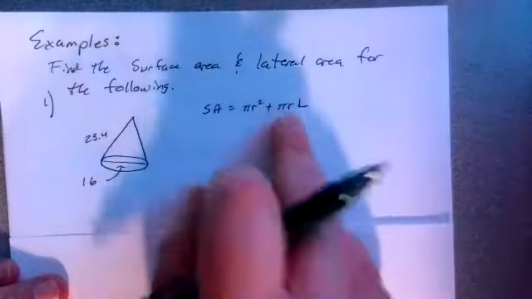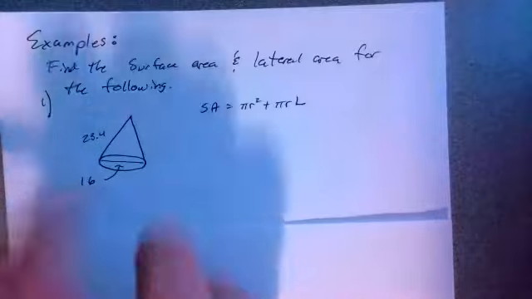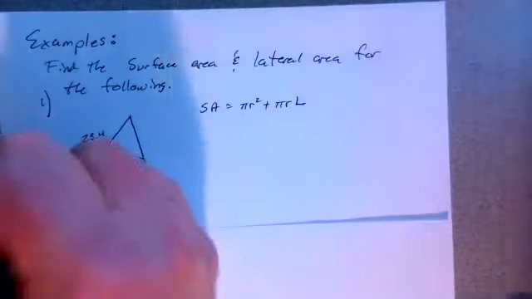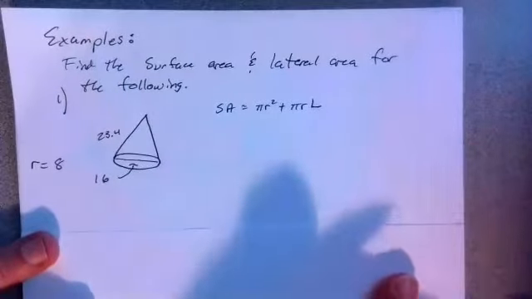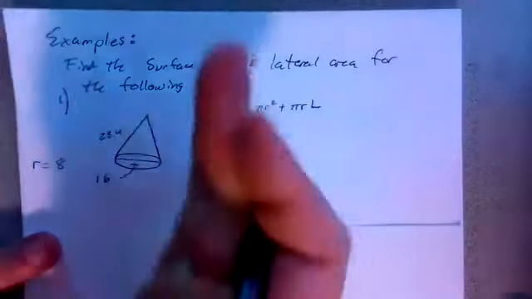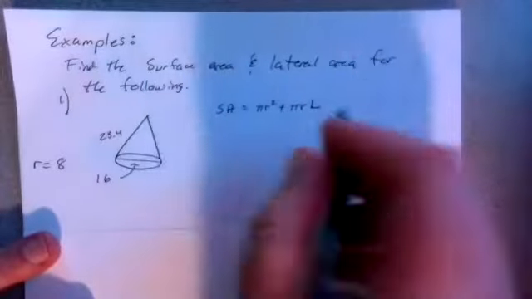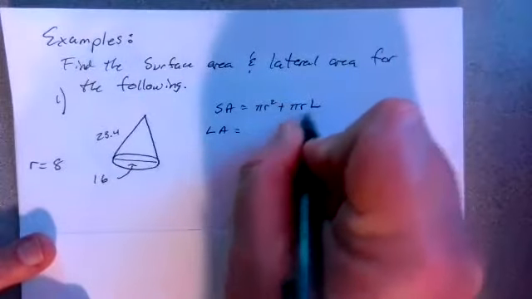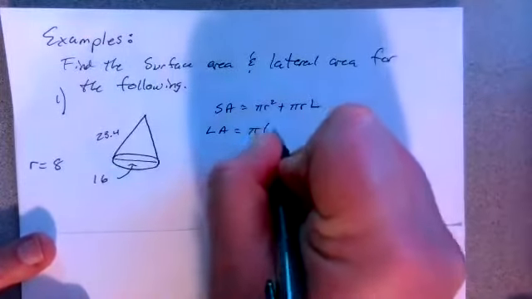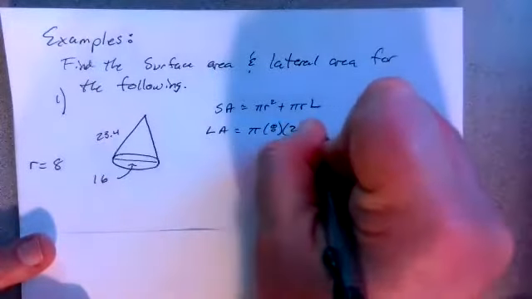So pi r L. Here, it gives us a diameter of 16 units. So that means that the radius must be 8 units, right? Take the diameter, cut it in half, and there you got your radius. My lateral area is pi r L. In other words, it's going to be pi times 8 times our slant length of 23.4.